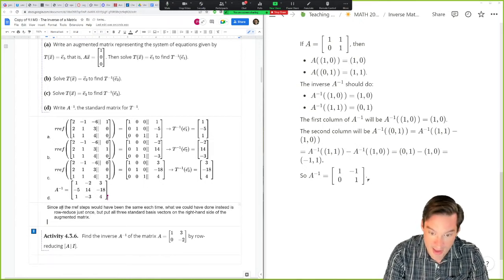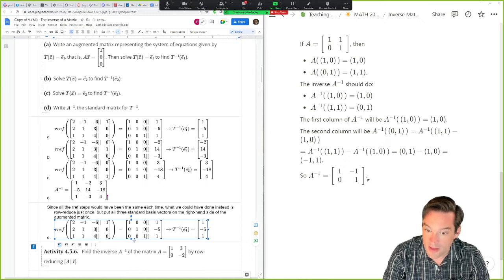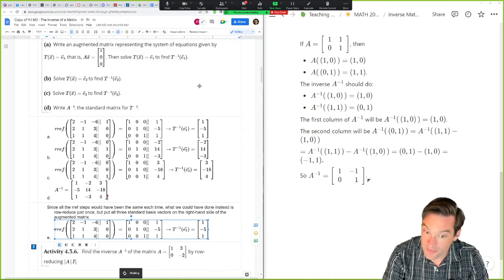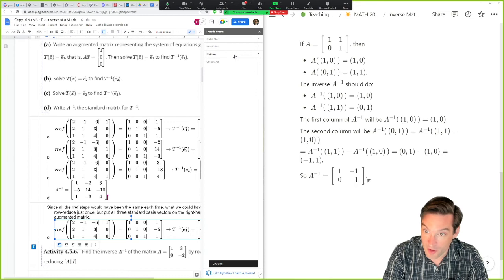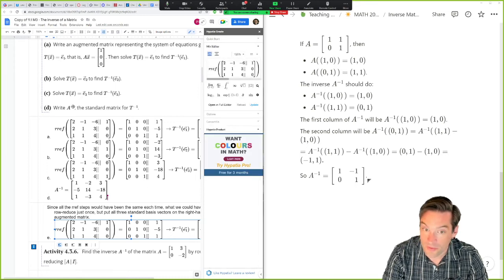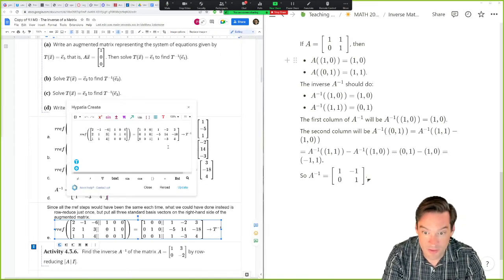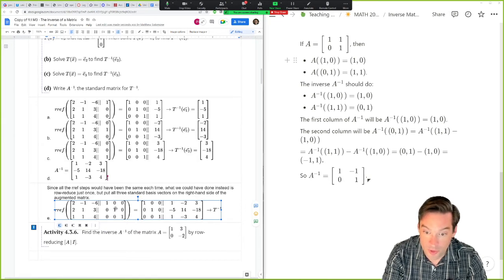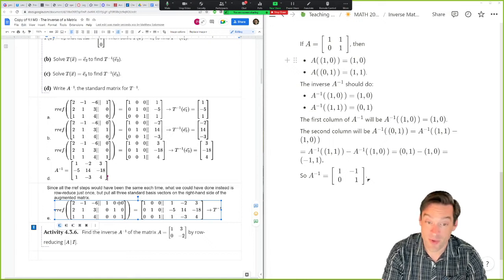And so what I mean by that is that instead of finding the reduced row echelon form where my matrix is just augmented with one of those vectors at a time, we'll put all 3 of those vectors on the right-hand side of the augment bar. So if we make the choice to do all the row reduction at once, then the right-hand side can be taken to be the entire identity matrix, 1, 0, 0, 0, 1, 0, 0, 0, 1.